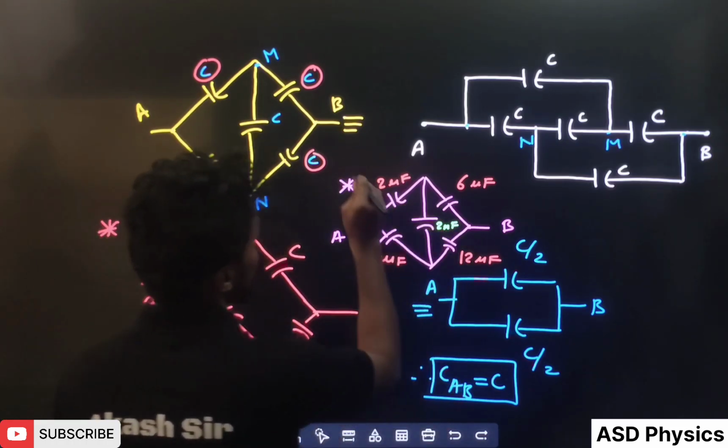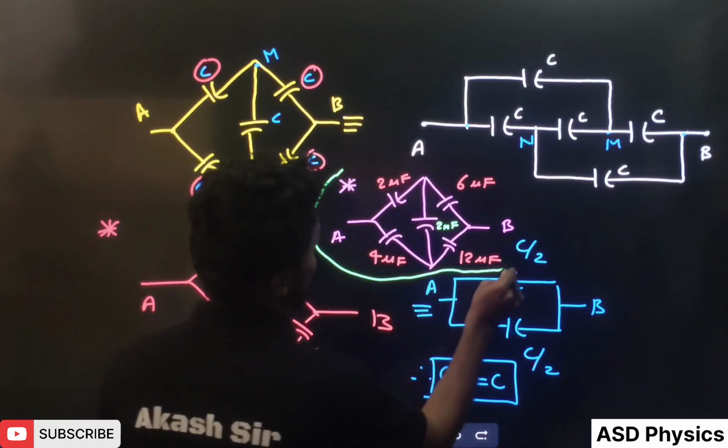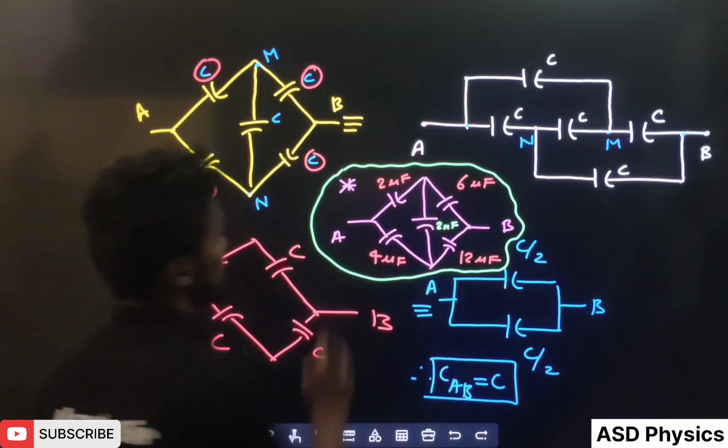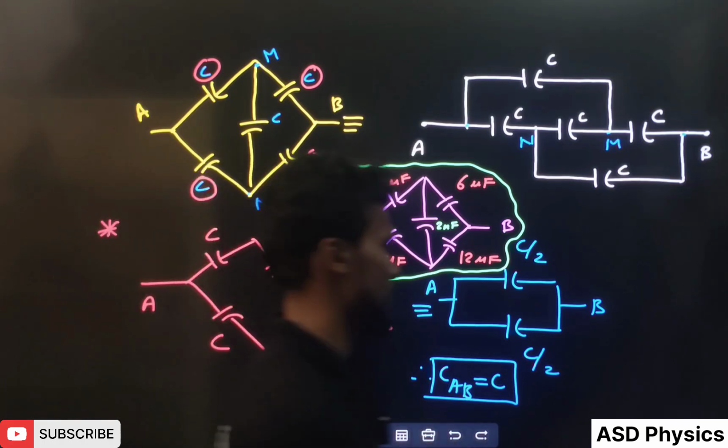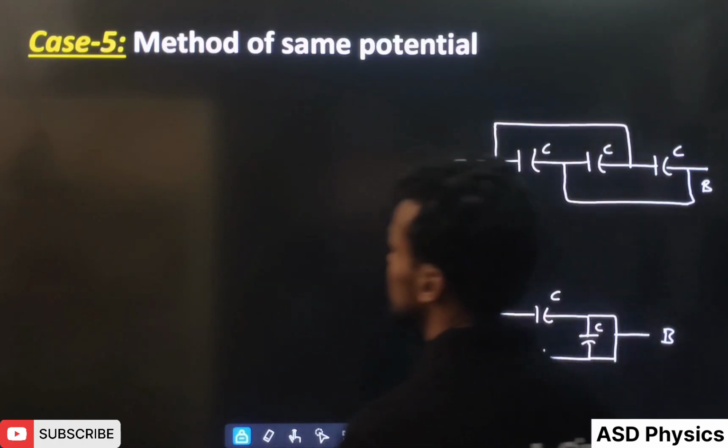So students, if we have to calculate the equivalent between point A and B, what can be the answer? Is this bridge balanced or not? Just identify it and write the final answer. What is the equivalent between point A and B?